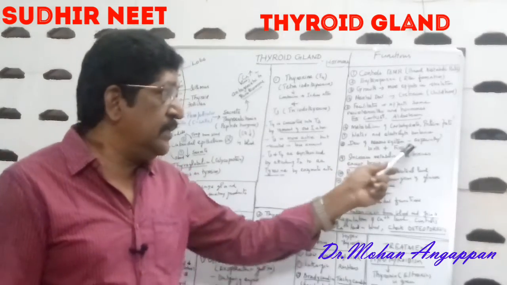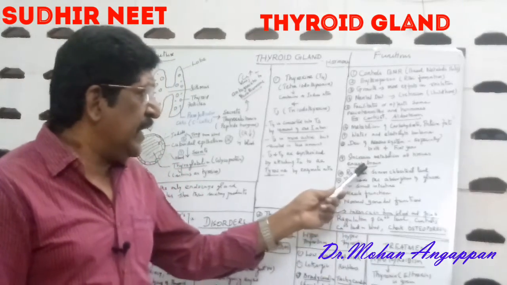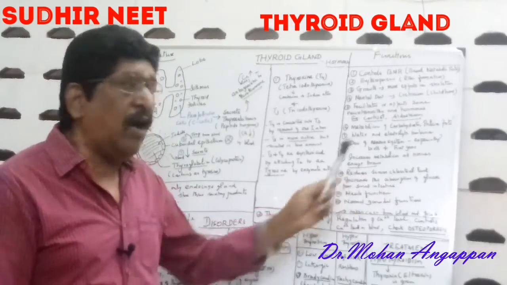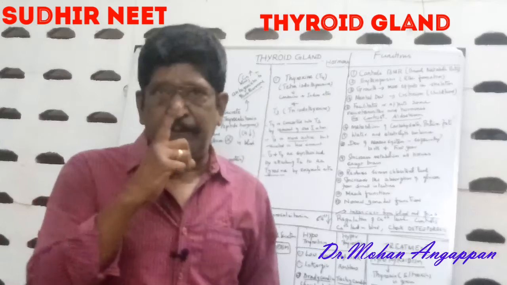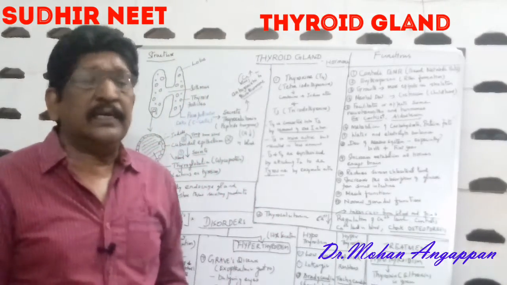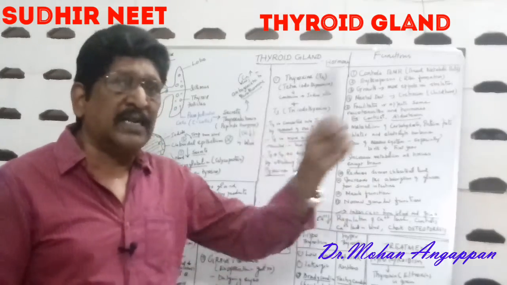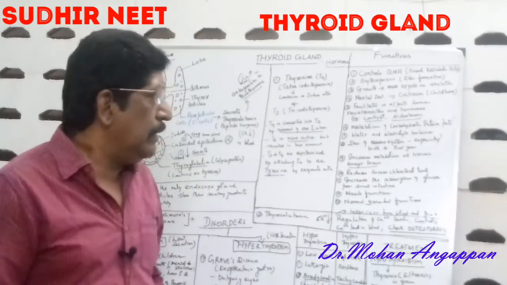It's very important. It's another NEET question. Then it increases the metabolism of all tissues except brain. Another MCQ. Except brain, it increases the metabolism of all tissues of the body.